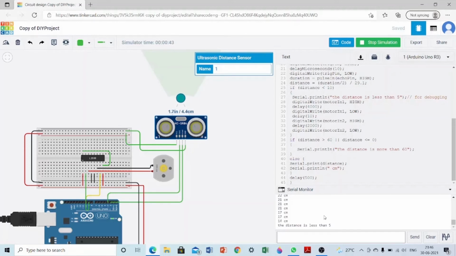Now it shows the distance is less than 5 and the DC motor starts rotating. So now it will be pulling the nozzle of the dispenser. Once we keep it even closer, we have something else showing. See, it's showing the distance is more than 60.